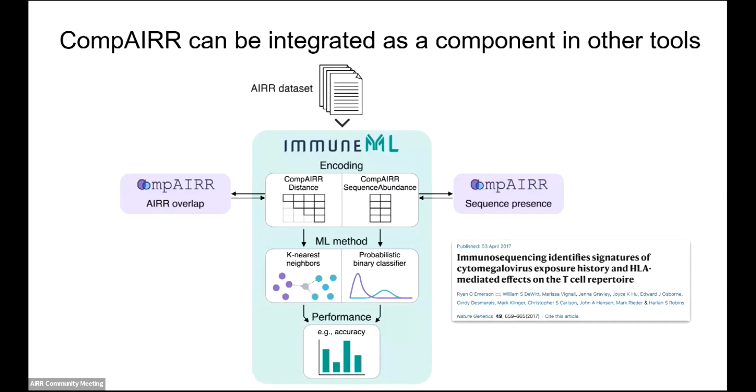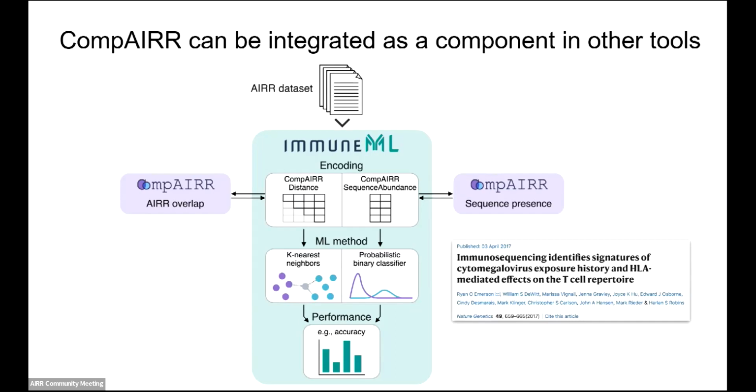CompAIRR is not trying to replace the previously mentioned tools, but rather it's trying to speed up this core component, because these other suites that I mentioned, immuneARC, immuneRef, and VDJtools, have a lot of other functionalities as well. We are only speeding up this core functionality of repertoire overlap. So we showed that CompAIRR can be integrated in another tool.